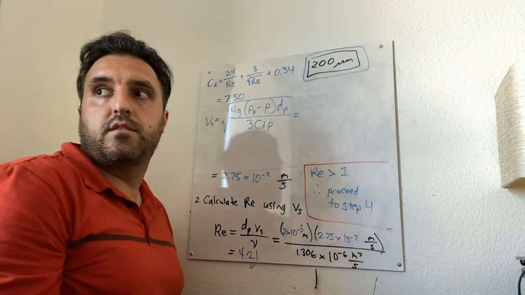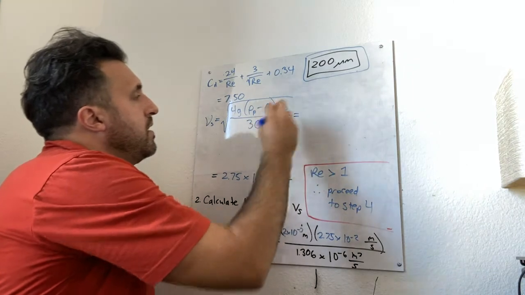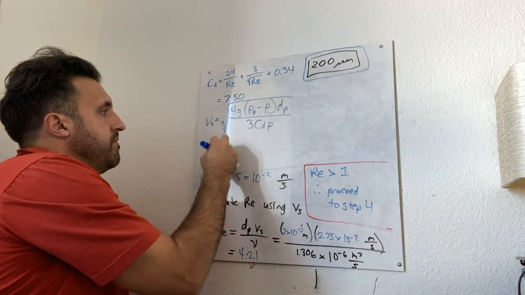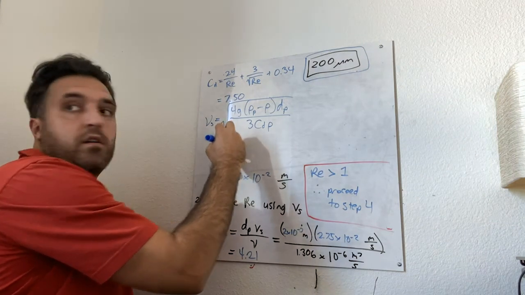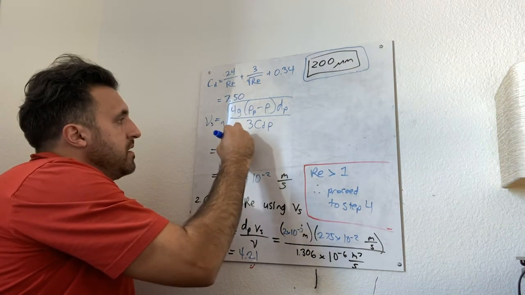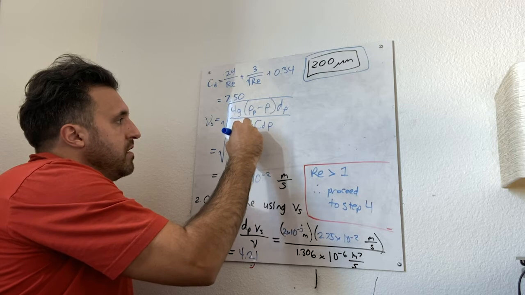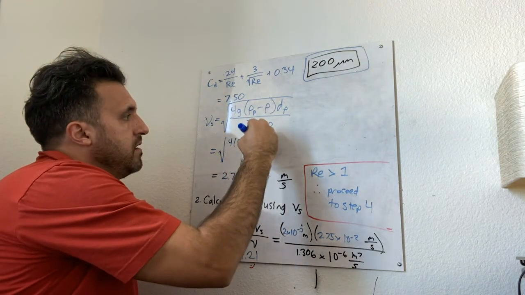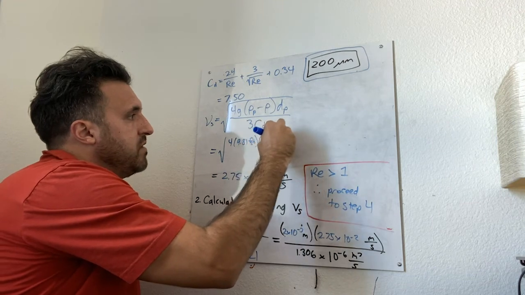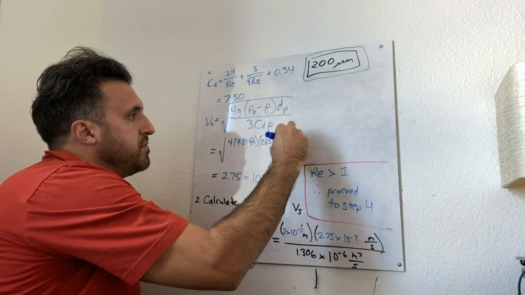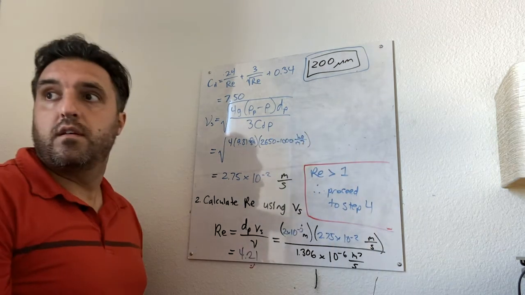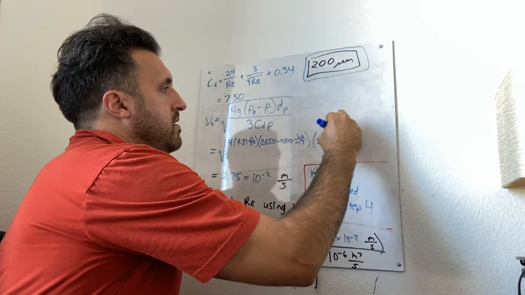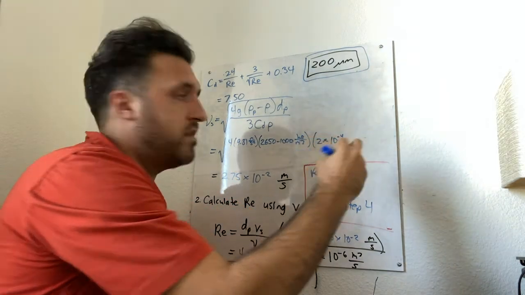Alright, so this will be equal to 4 times 9.81 meters per second squared times 2650 minus 1000 kilograms per cubic meter times 2 times 10 to the negative 4th meters.